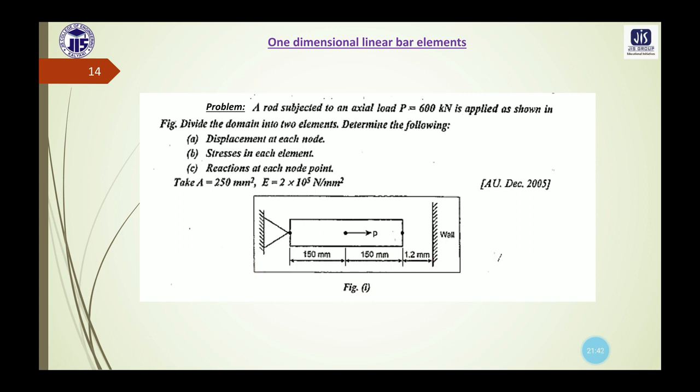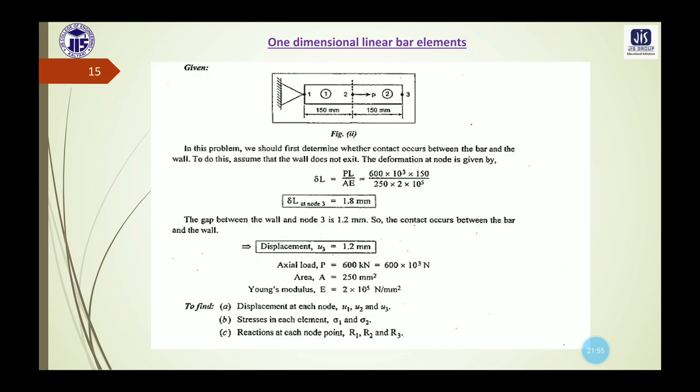Some data are given here: the area is 250 millimeter square, and the value of the Young's modulus is given 2 into 10 to the power 5 Newton per millimeter square. Now in this diagram, we have considered two elements, and corresponding to those two elements, we are having three different nodes.